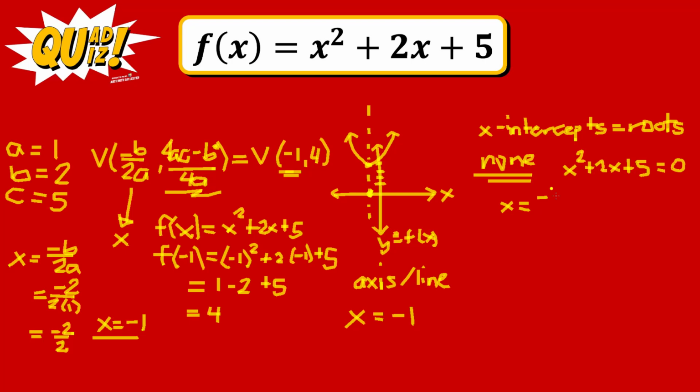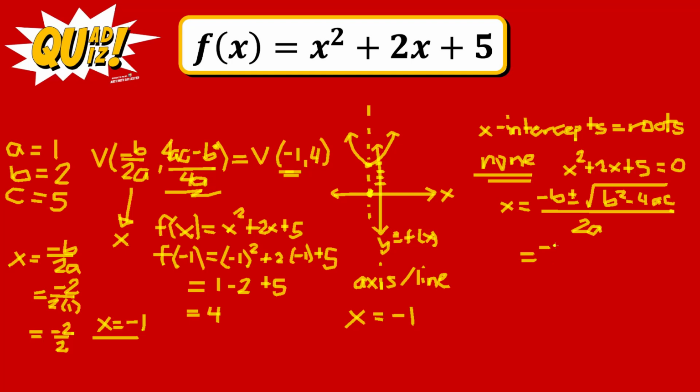You have negative b plus or minus the square root of b squared minus 4ac, over 2a. This is the quadratic formula. We plug in the same coefficients here.